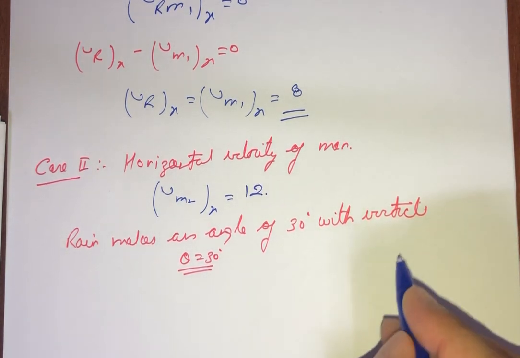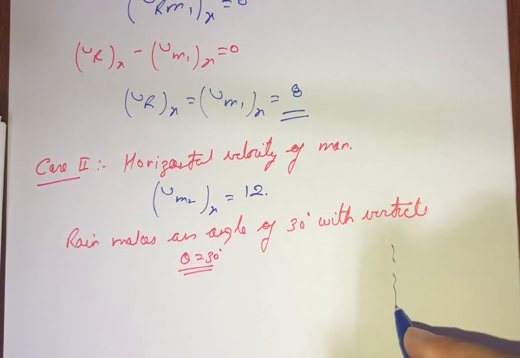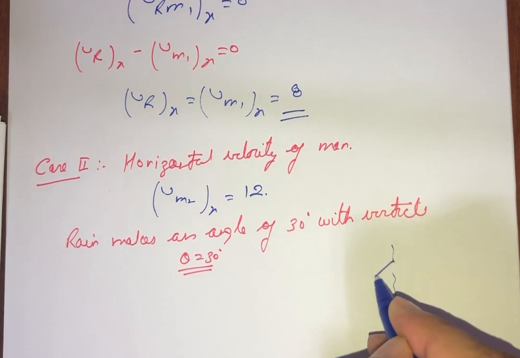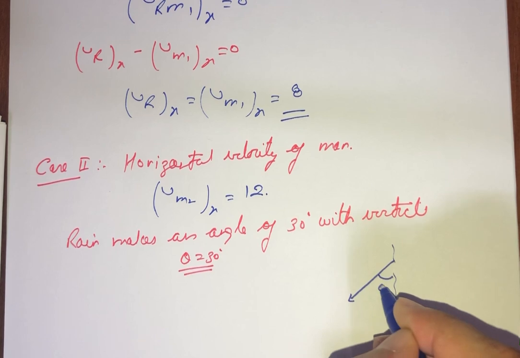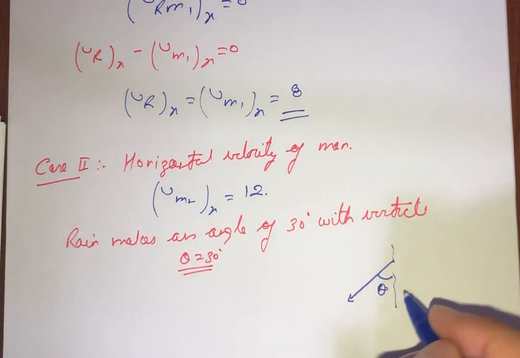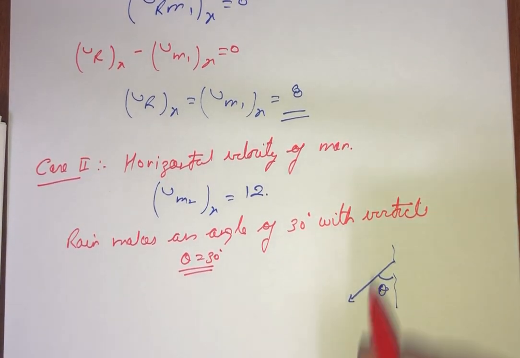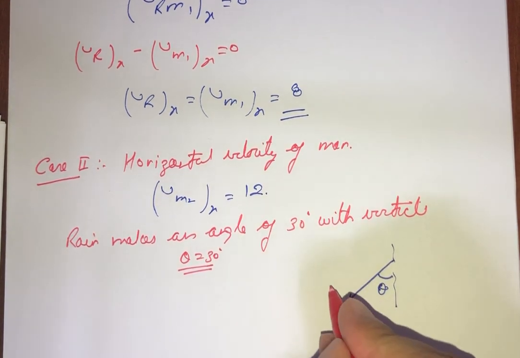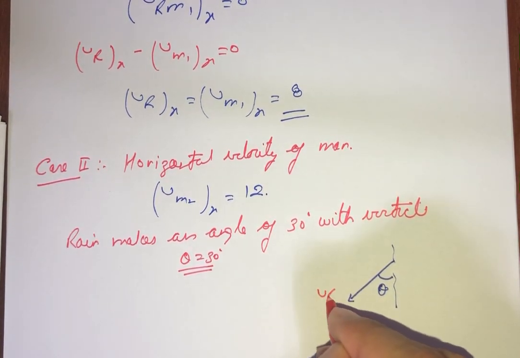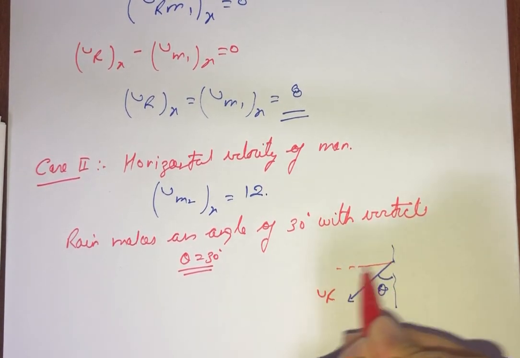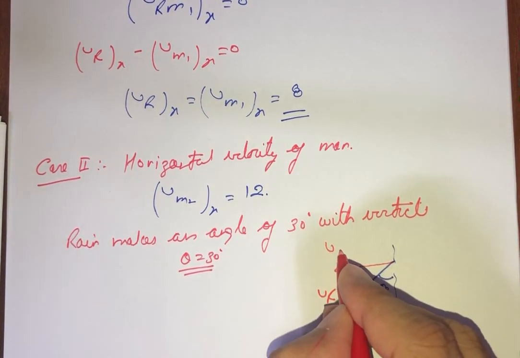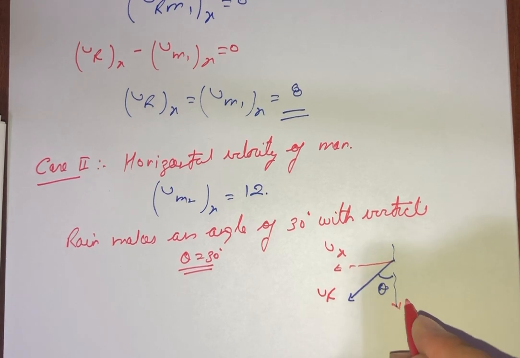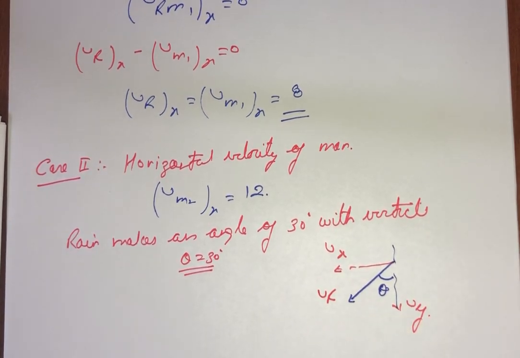So let's draw. This is the vertical and rain is making an angle of theta with this vertical. Let this be called VR. We divide it into two parts: this will be horizontal Vx and this will be vertical Vy.